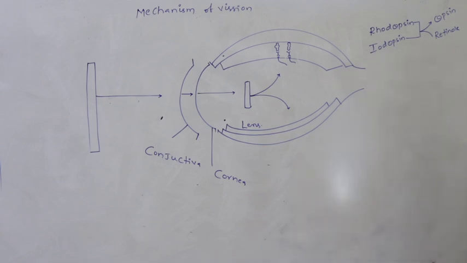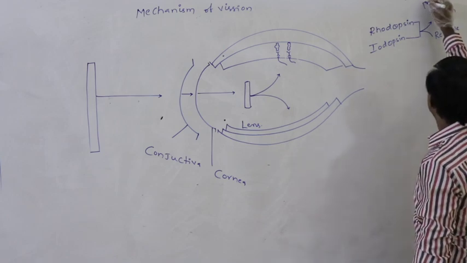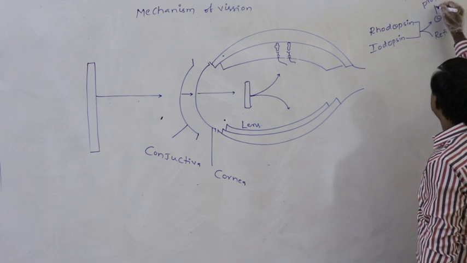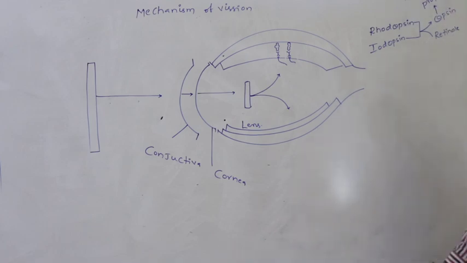In the case of the photoreceptor pigment, two types of substances are present. One is the opsin. This is the protein. Opsin is nothing but protein.